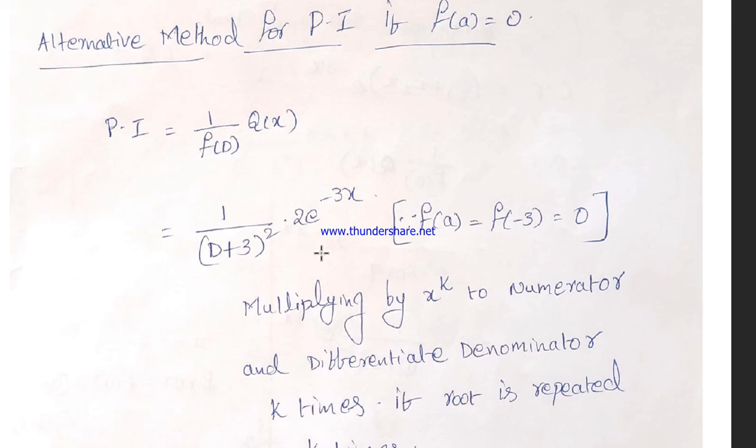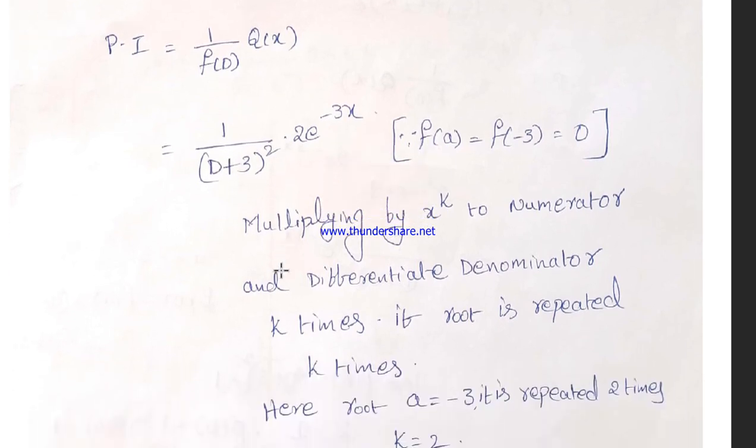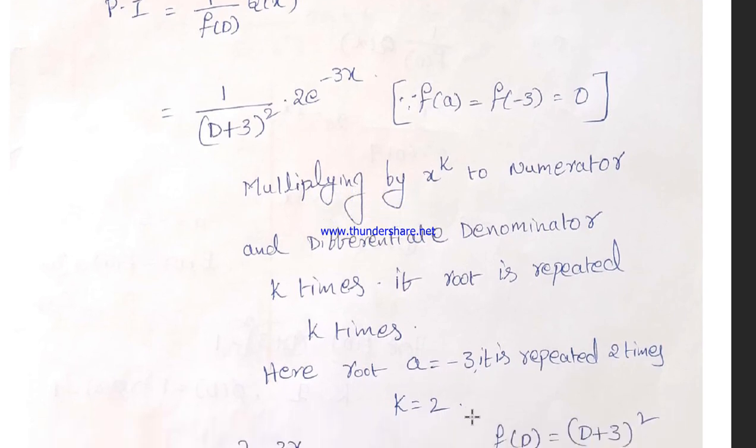If the root is repeated 3 times, you can multiply with x cube, and differentiate the denominator 3 times. In case k value is 1, the root is repeated only 1 time, you can multiply with x and differentiate the denominator only 1 time. Here the root is a equal to minus 3, it is repeated 2 times, k value is 2.